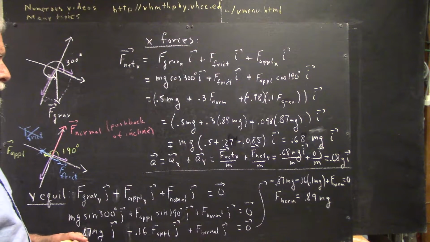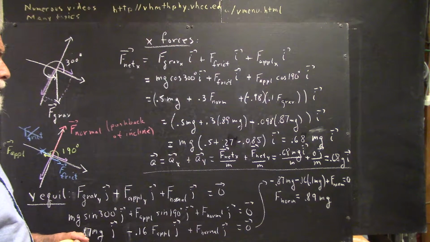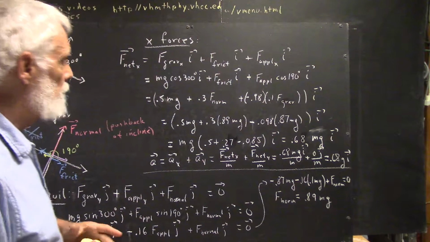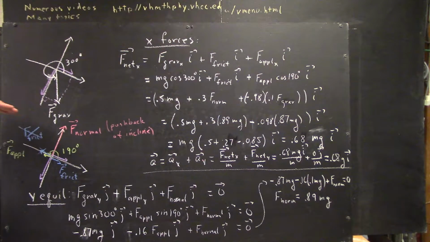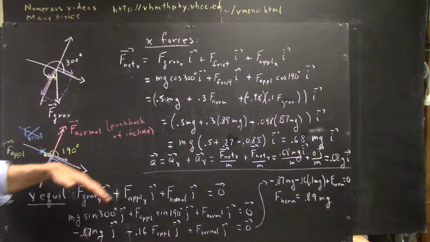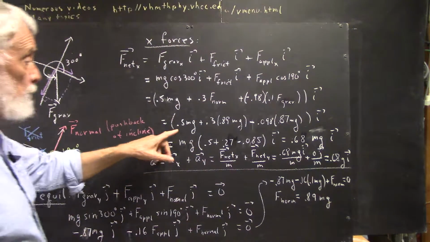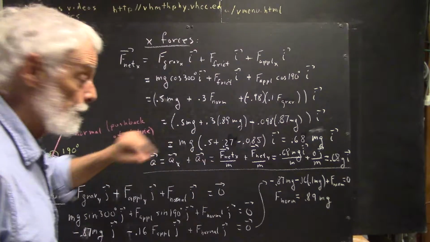And yeah, that makes perfect sense. It doesn't make sense if you think about it the way I just did for an instant. If the object was coasting down the incline with no friction, then it would have an acceleration of just 0.5 g. Okay, neither of these other forces would be there.